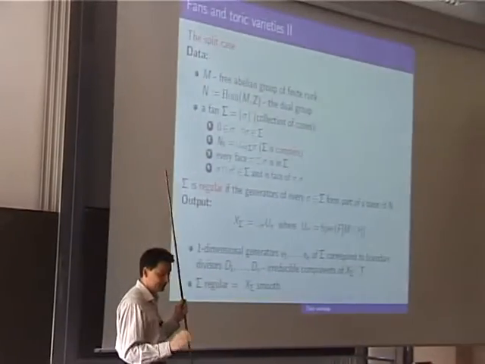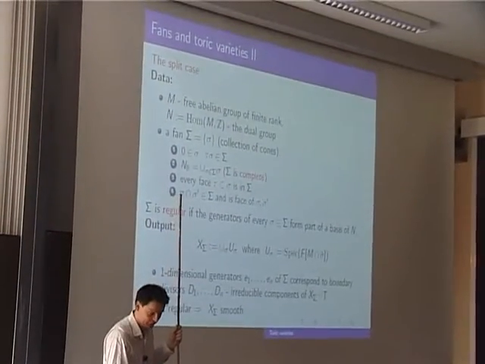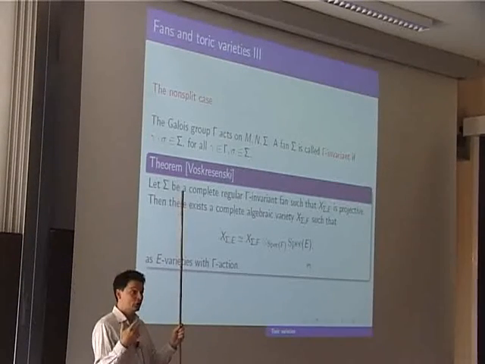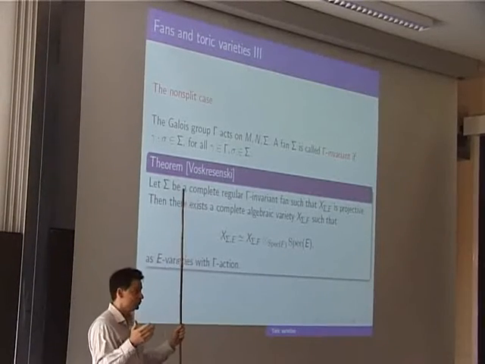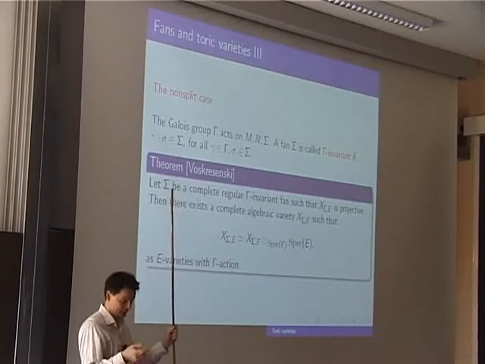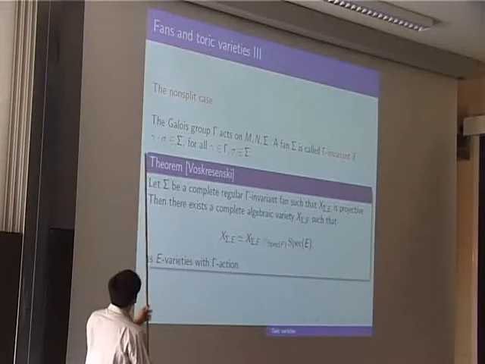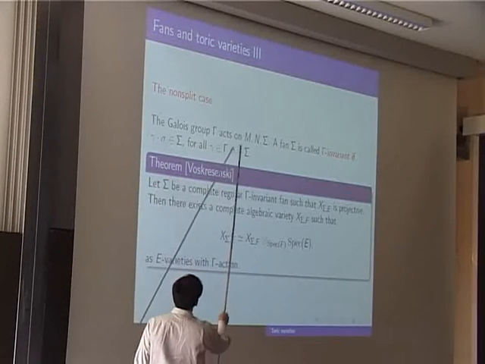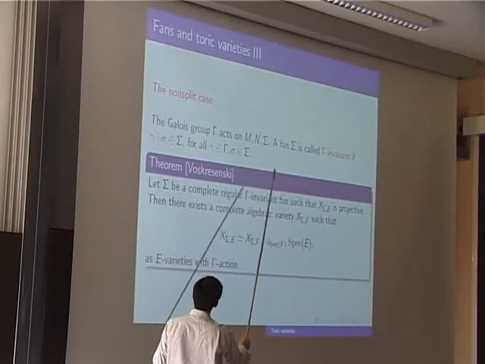So that's geometry in the split case. And in the non-split case, you can build toric varieties by actions of the Galois group. So we have this group gamma, a finite group, acting on all these lattices.